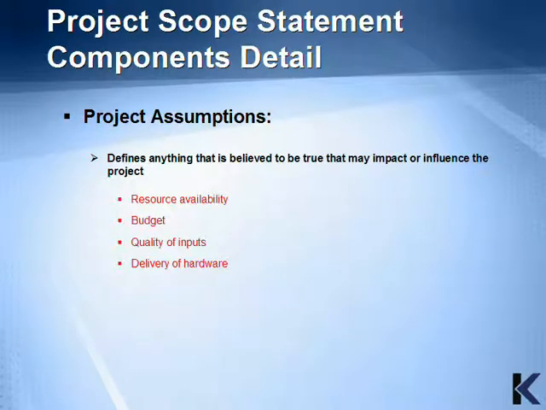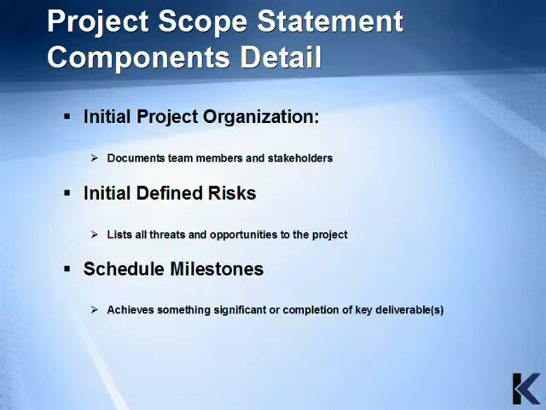In project assumptions, you're defining anything that's believed to be true that may impact or influence the project. This could include resource availability, budget, quality of inputs, delivery of hardware dates, etc. Project organization may also include an org chart.